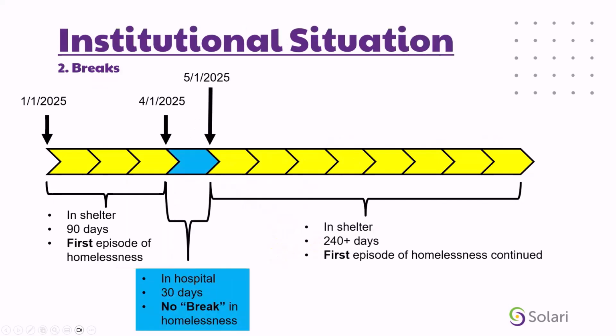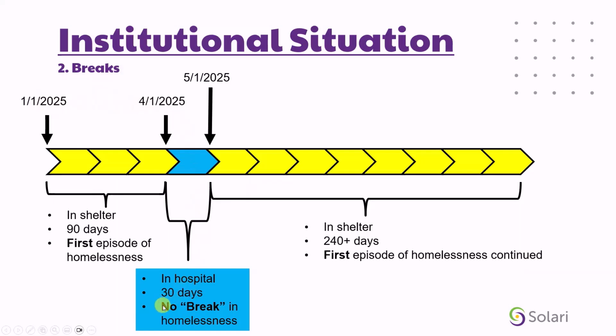We'll now review institutional situations and breaks in those situations. So this is a very similar timeline, except the blue represents time in an institutional situation. Now, if we recall, breaks in institutional situations occur when a client stay is 90 days or more. So in this case, the client again is staying in shelter for the first 3 months of the year, from January 1st to April 1st. They're then staying in a hospital for 30 days.